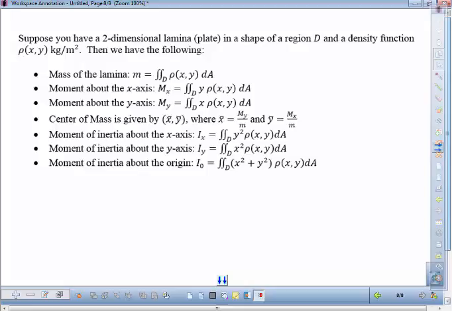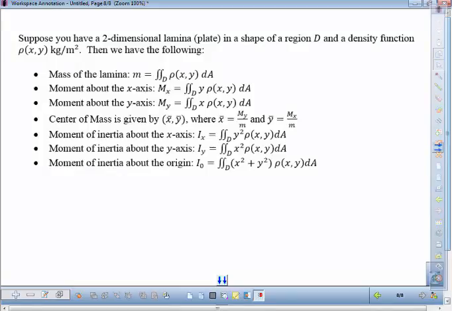Then we have the following definitions. You have the mass, you have the first moments, called just the moment in x and y, and you have the center of mass, which involves the mass and the moments.